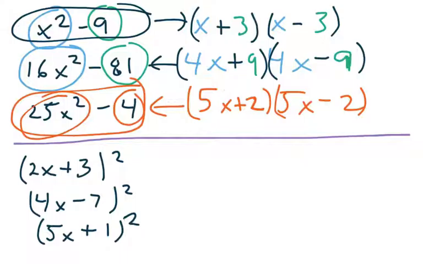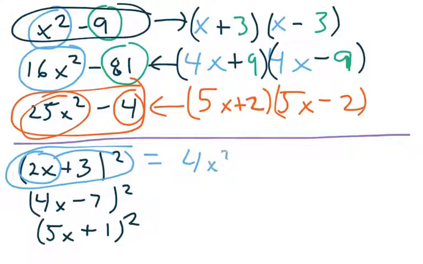Okay? And so what would be this first one, you see, would be, I know the 2x is going to be squared, which is 4x squared. I know the 3 is going to be squared, and I'm going to get 9.